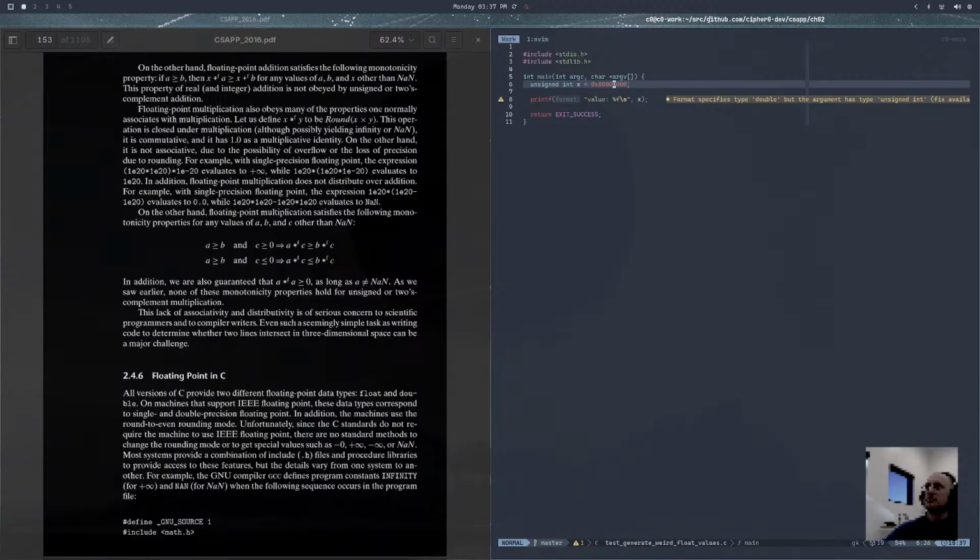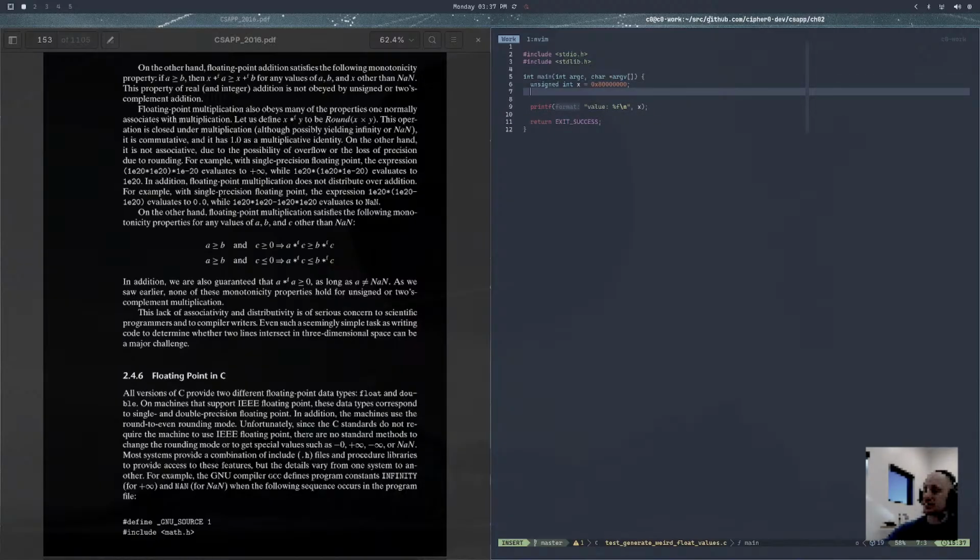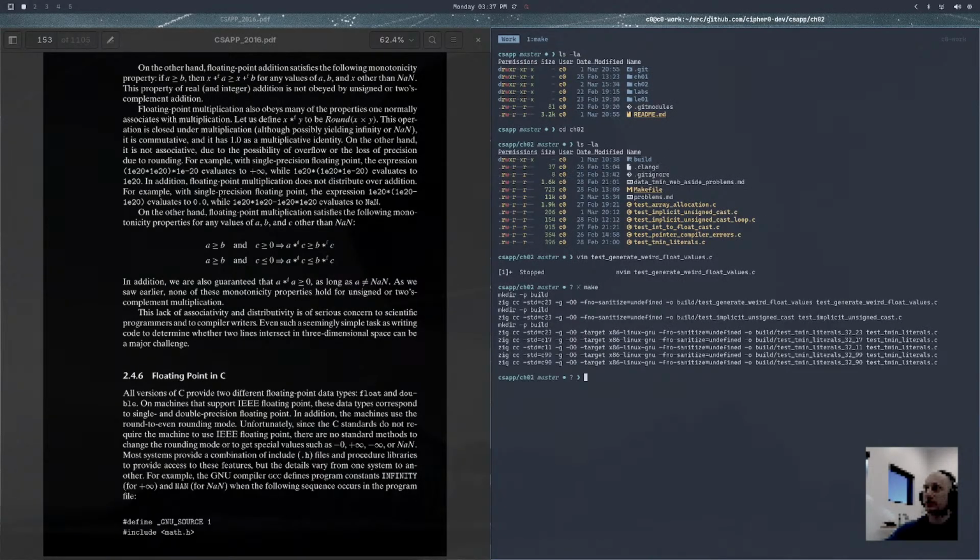So I think what I need to do is get a reference to x. Now we have this pointer, and we're going to say, instead of being a pointer to an integer, you're going to be a pointer to a float. And then we're going to dereference that. So I think that's the syntax we want, and that makes the compiler happy.